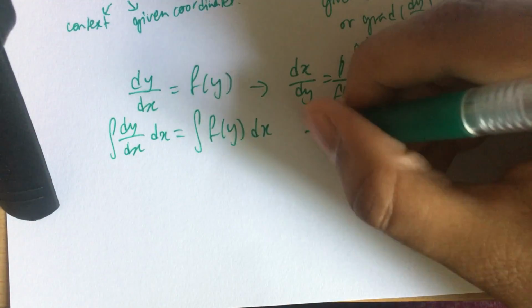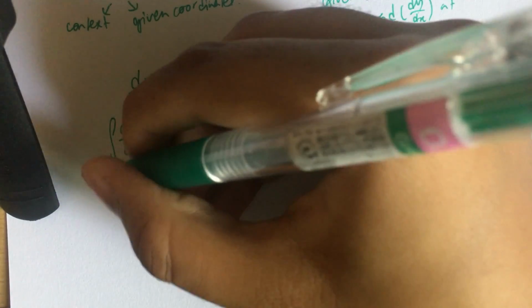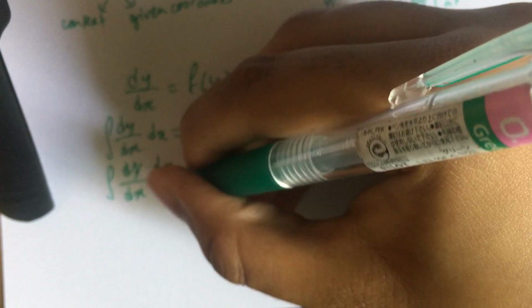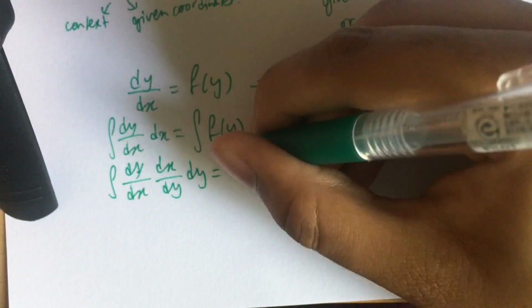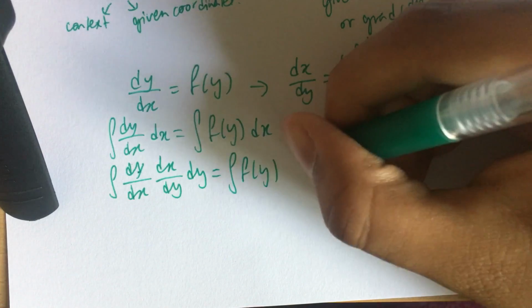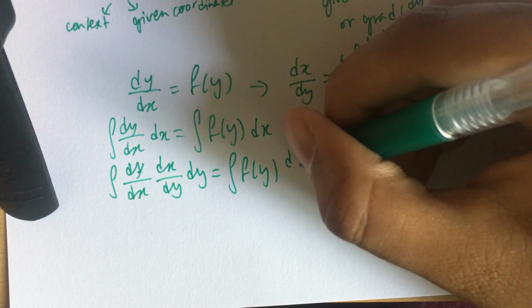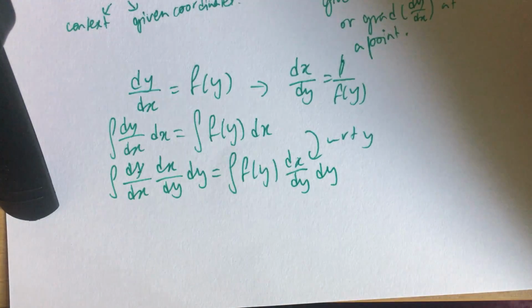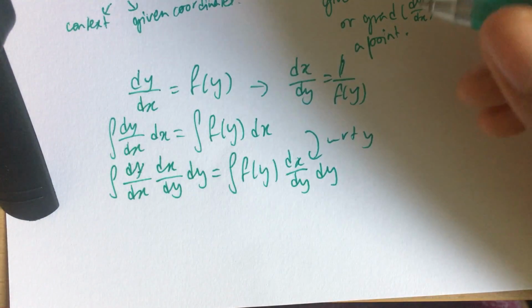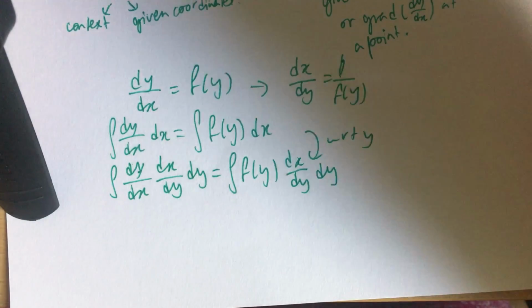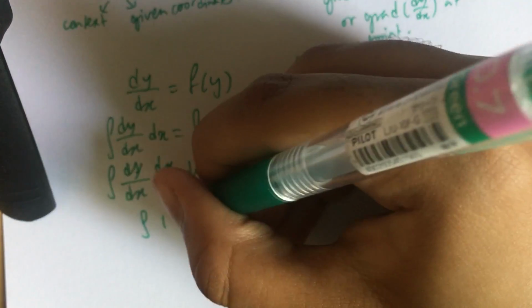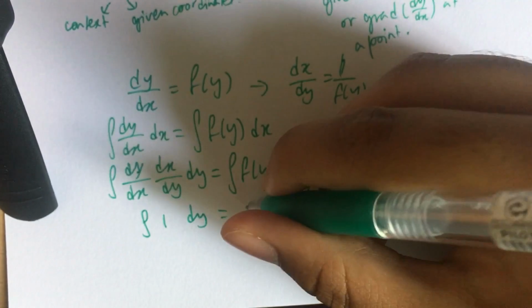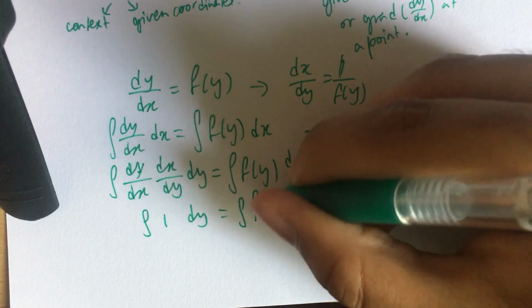So for example, if you have dy over dx is equal to, I don't know, y squared plus 3y plus 5, maybe. So dx over dy is equal to 1 over y squared plus 3y plus 5.